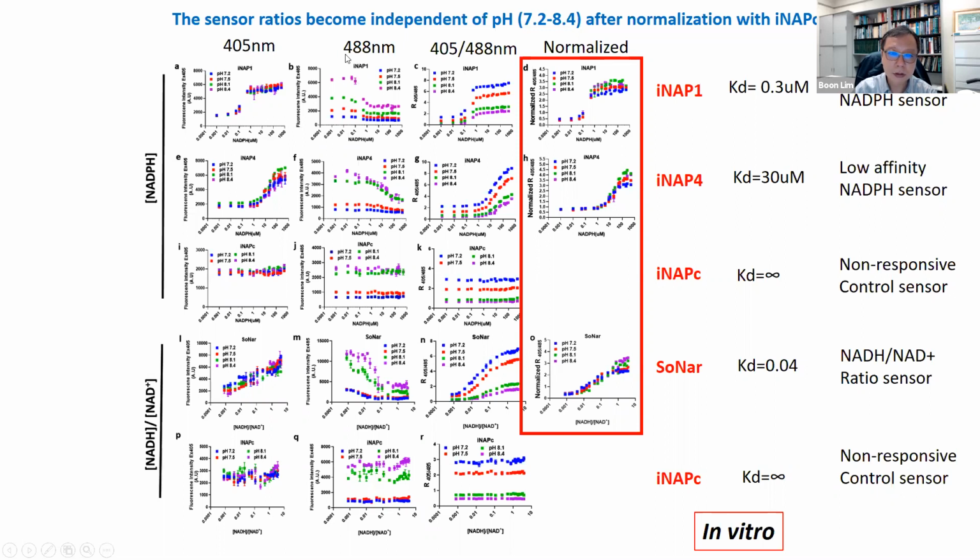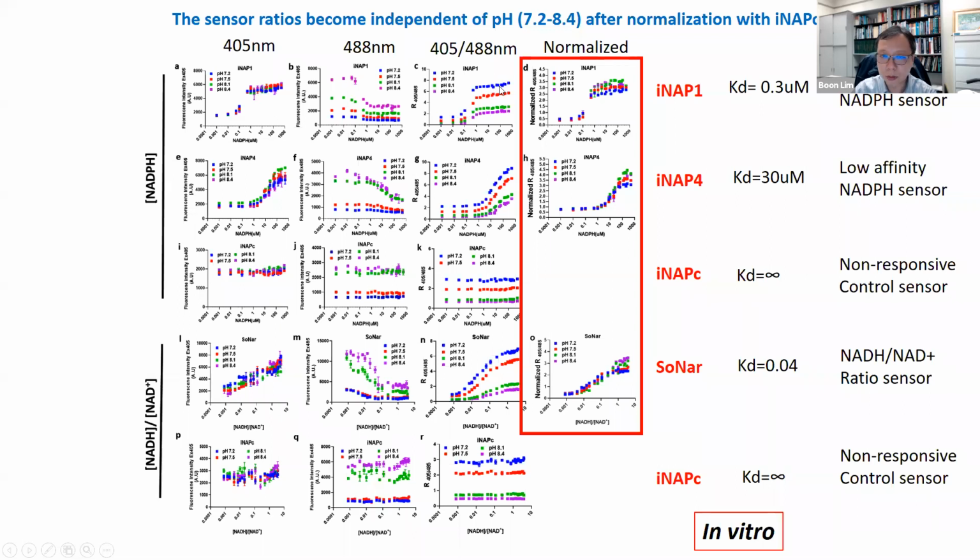However, the emission activated by 488 is a problem. We can see that pH has a great effect on its emission. So if we take the ratio, we can see that under different pH, the ratio would be different.